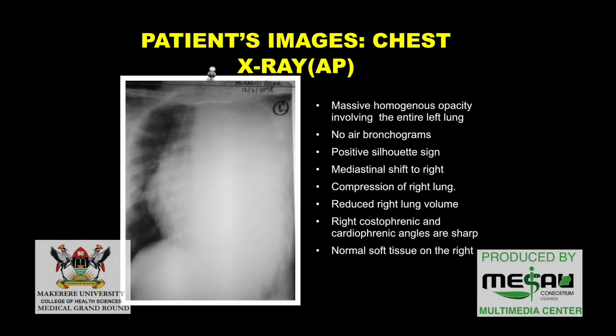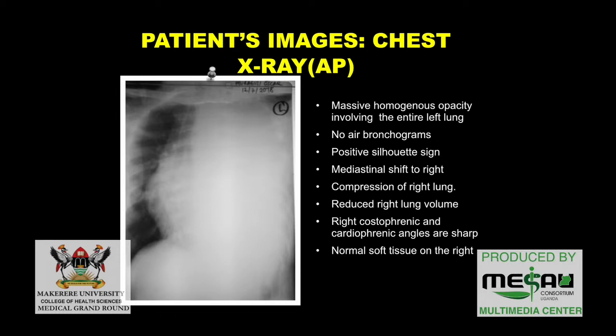We are supposed to see thin structures going through the lung markings, which are the air bronchograms, which are devoid on this X-ray. And what we call the positive silhouette sign is the heart shadow, the contour of the heart has been obscured. You cannot see it. We cannot see the hilum, which is supposed to be here.